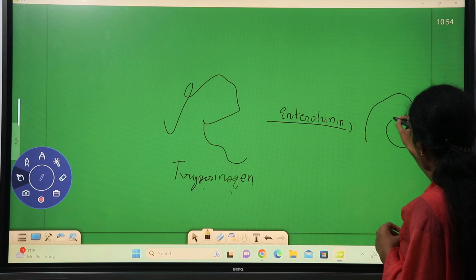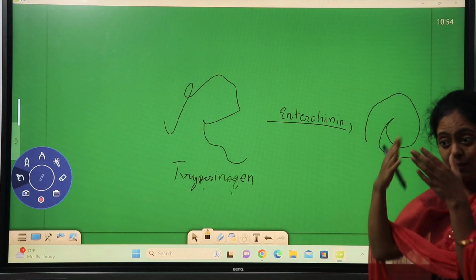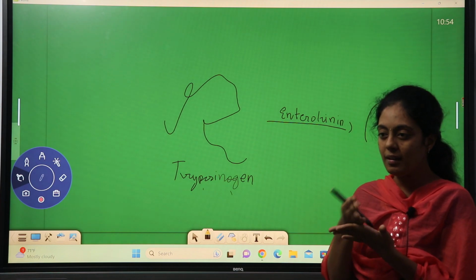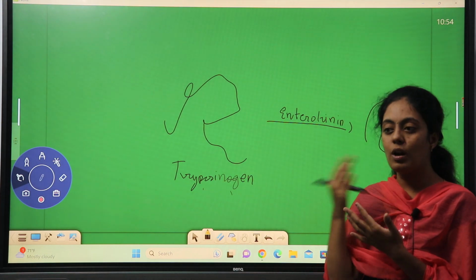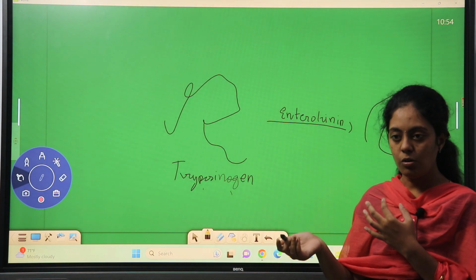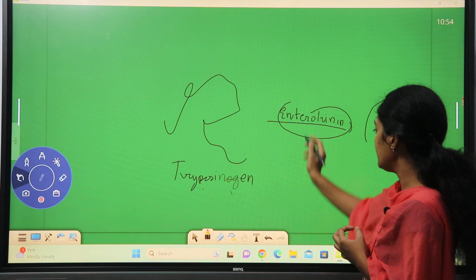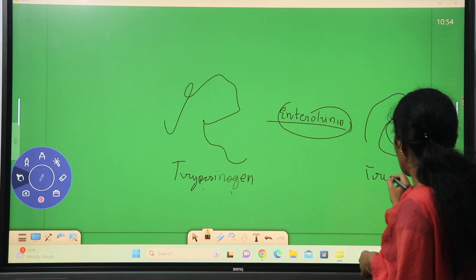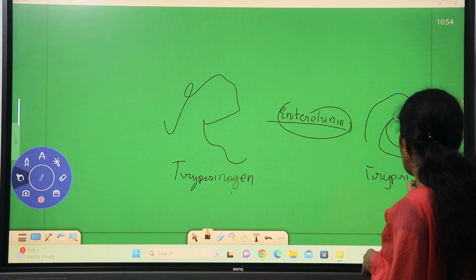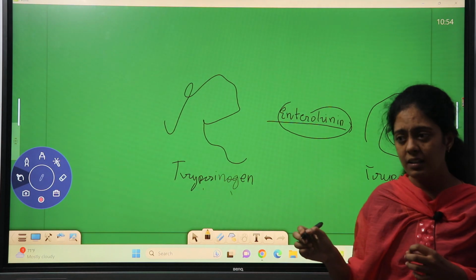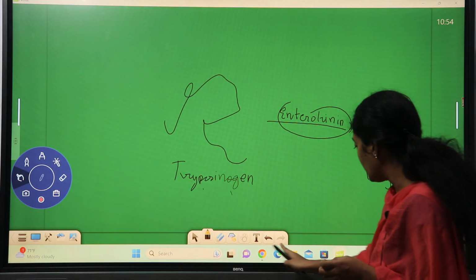Trypsin will be a very short version. There will be cleavage of the peptide, and that is called activation. So enterokinin results in activation of trypsinogen into trypsin. All of you got it? Any doubts? Okay. Now, write this down.